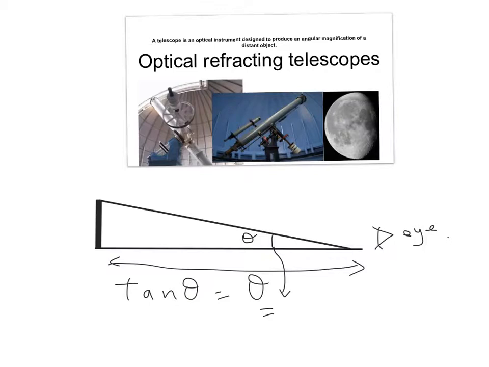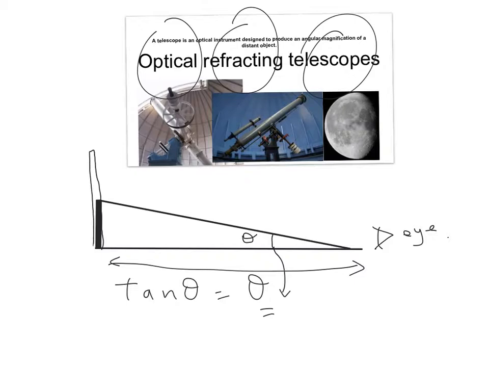So what we're looking for in an optical refracting telescope is something that will generate an angle to an image which will be much bigger. Okay, so that's what our angular magnification will be. It will be an angle which is much greater to an image. So say you're looking at the moon.